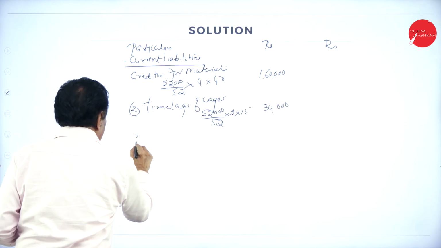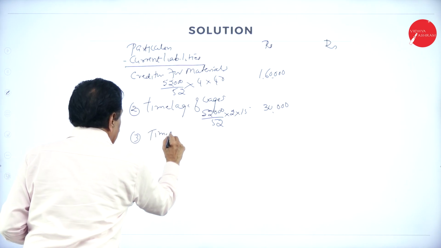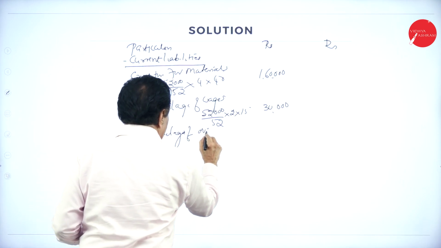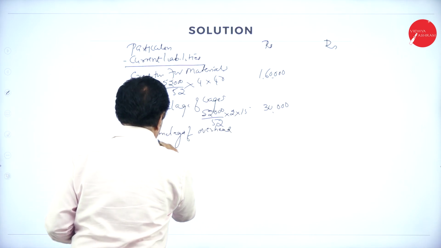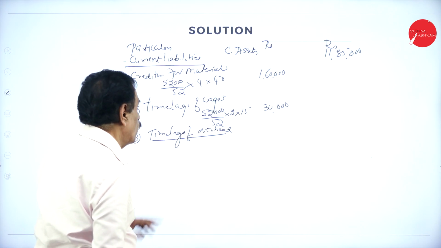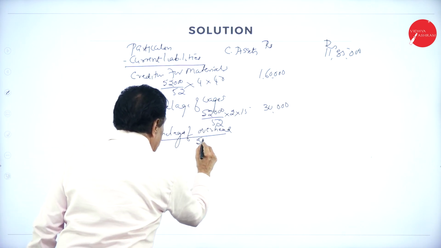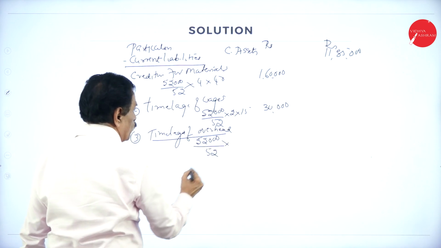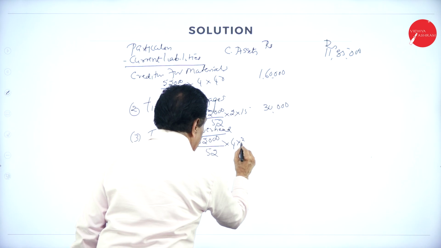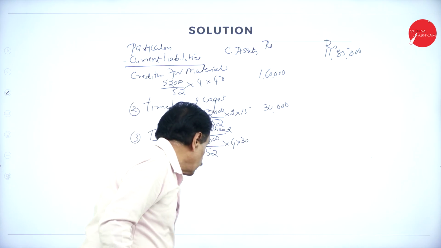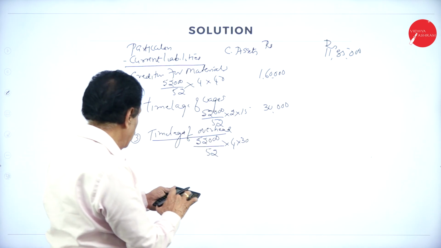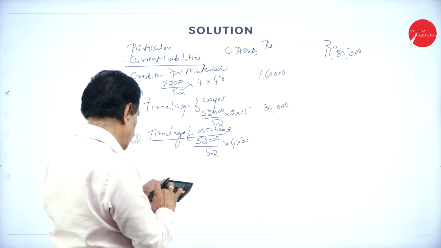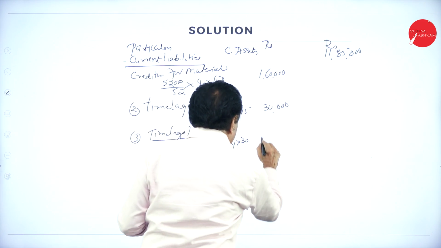Number 3, time lag of overhead: 52,000 divided by 52 into 4 into 30 is 1,20,000.